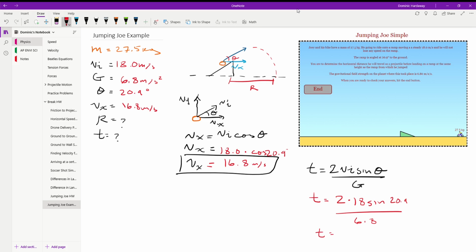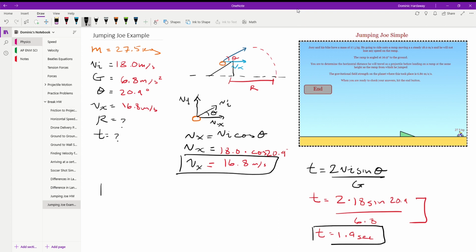So 2 times 18 is 36 times the sine of 20.9 is 12.842... divided by 6.8. And if you plug and chug all of this equation, we get t equals 1.9 seconds. And look at that, we just got our second variable here.